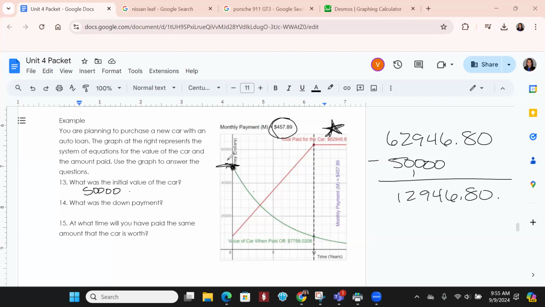What point is that? About 3.5, roughly. That is when it's equal. So about 3.5 years, you will have paid the same amount that the car is worth. Right here is when you paid the same amount as what the car is worth.